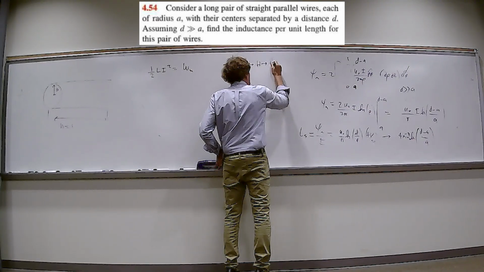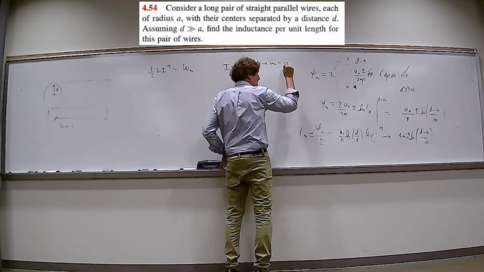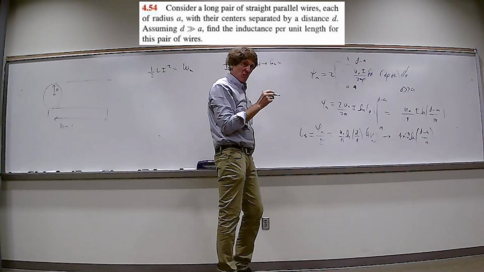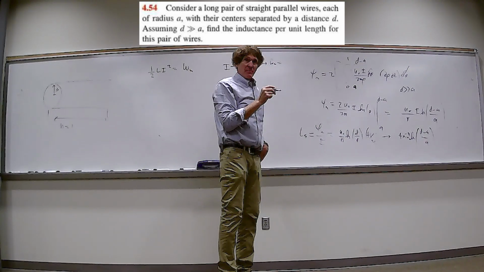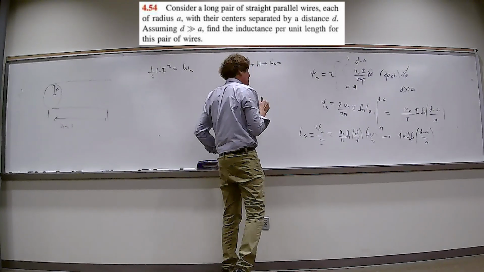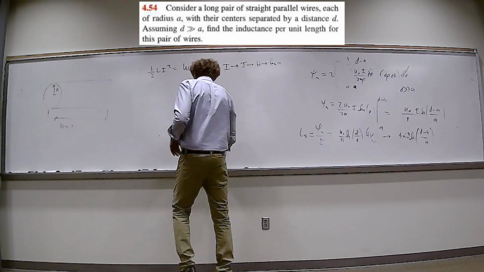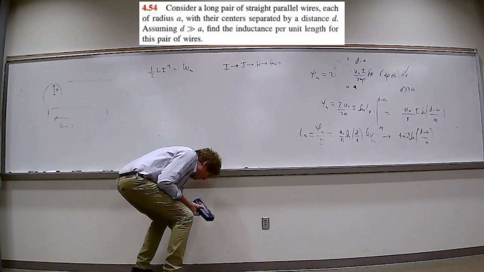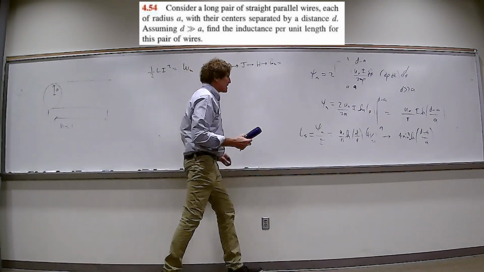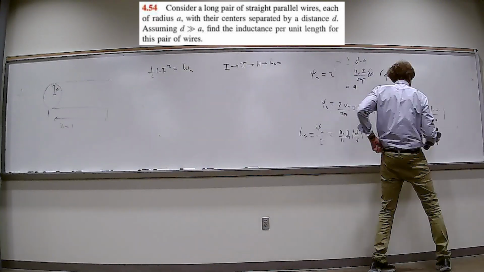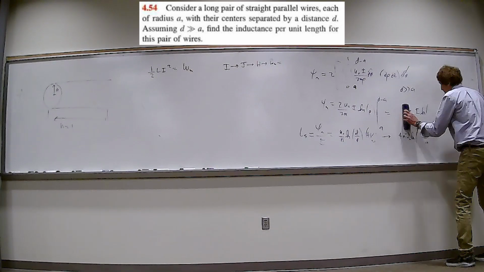And from H, we get the magnetic energy density. Write this down. I think I put this down one time, but I don't remember what lecture it was. This is the magnetic energy density. Let me just talk about this right now because this is going to be important. I'm going to get rid of this right here.